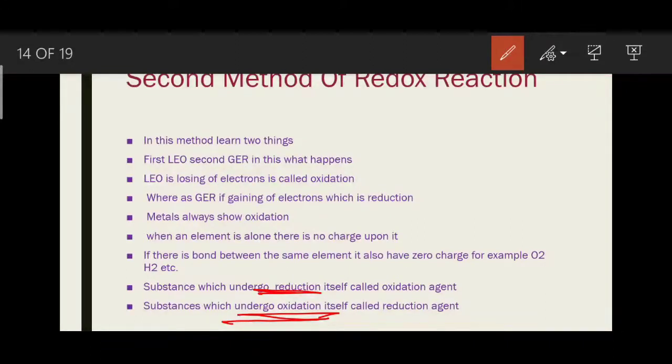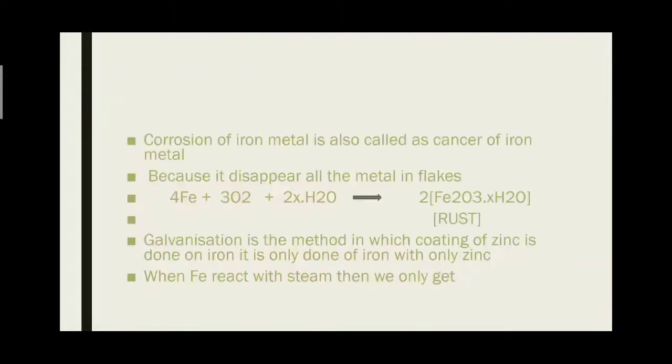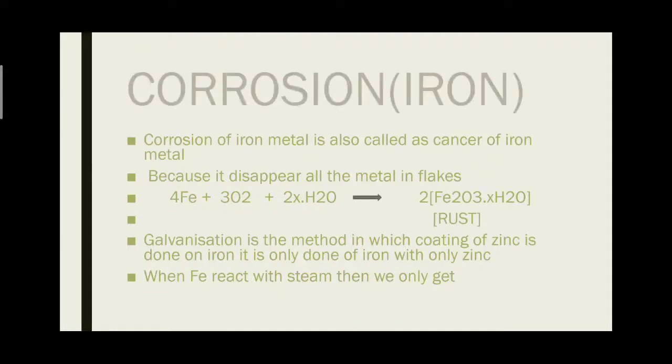So these are the two main things. You will get questions to find the oxidizing agent and reducing agent like this. You have to solve them. Very easy, they are not so difficult.